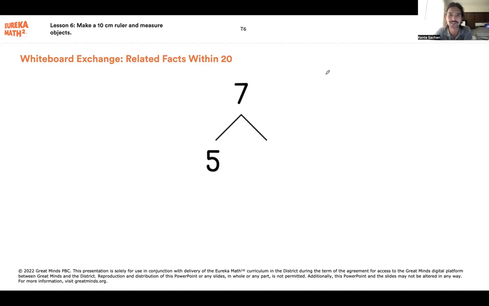Okay, we're going to do our number bonds again. Good job. So we're starting with 7, it looks like. So 7 is 5, and how many more? Yeah, 2, right? You get 5 and 2. Now, do you remember we can make some addition and subtraction sentences with these? Shout out a subtraction or addition sentence you can say with this one. Okay, I'm hearing some good ones out there.